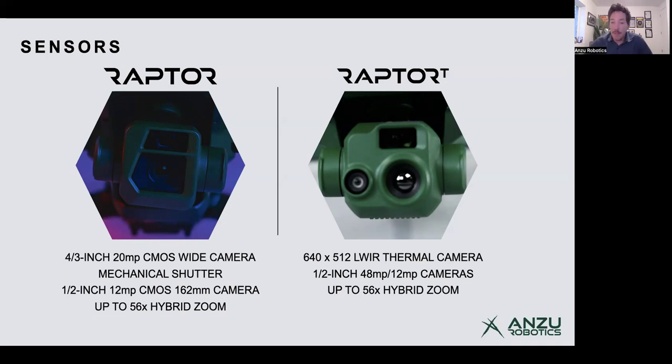You also have two cameras, a wide angle and a narrow angle camera for RGB capture. This does have the same 56x zoom as far as the spec goes, but the quality of the imagery is going to be much better on that 4/3 inch RGB camera on the Raptor versus the 1/2 inch cameras that are on the Raptor T. But still, you can do photogrammetry and things like that on the Raptor T as well.